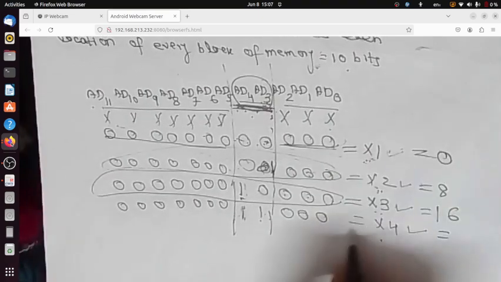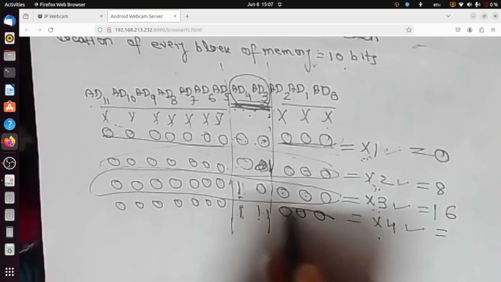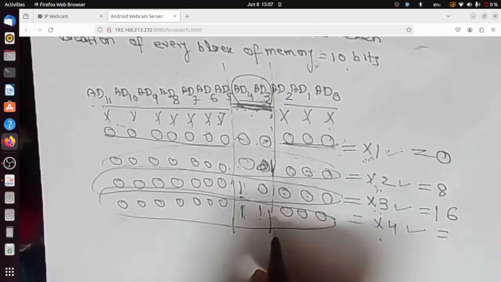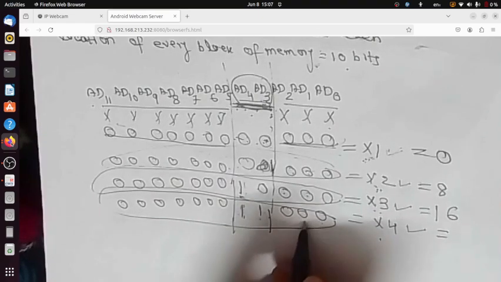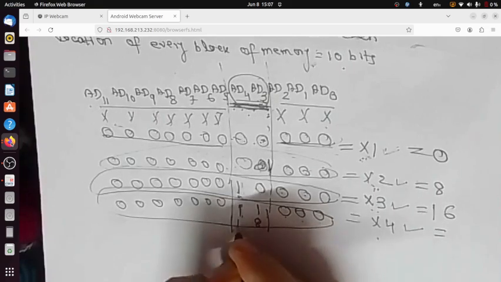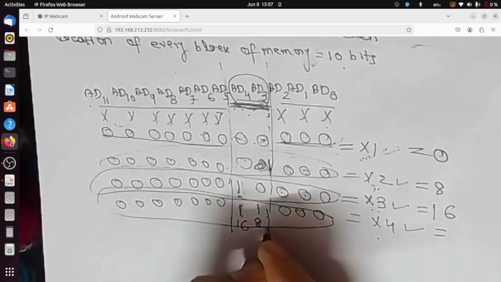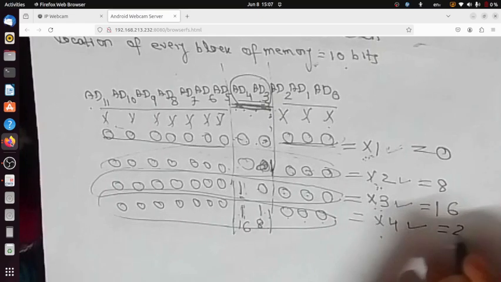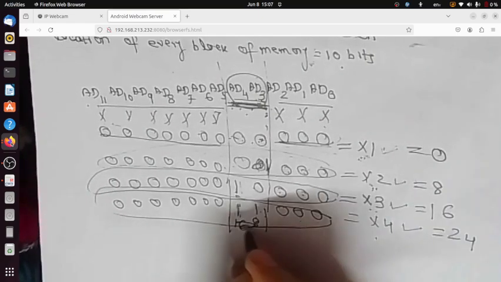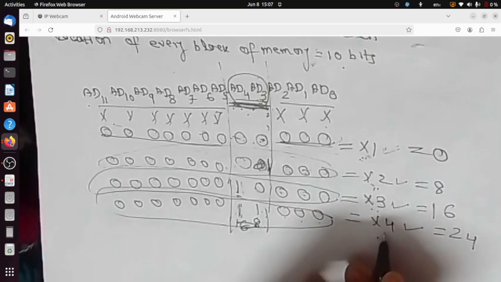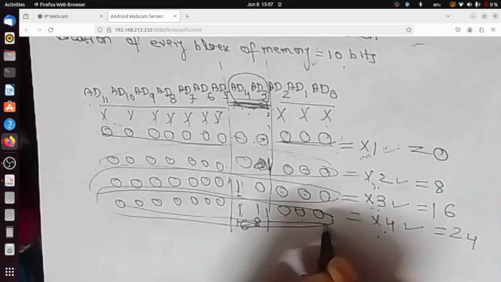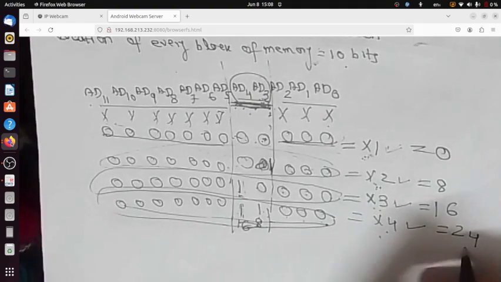And for X4, if we represent it in decimal, it will be 1, 2, 4, this is 8, and this is 16, that is 16 plus 8, since these bit positions are 1, so 16 plus 8 equals 24. So for starting location X4, the decimal value of the 12-bit input address line will be 24. That we have found out.